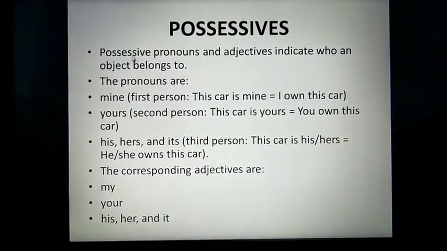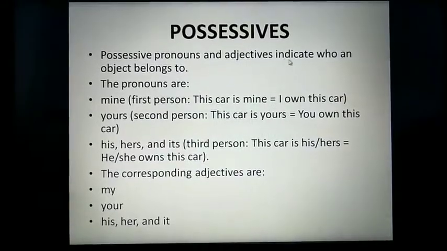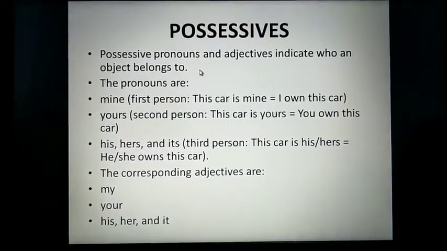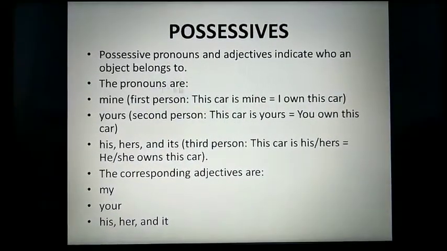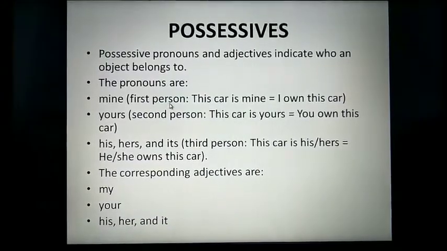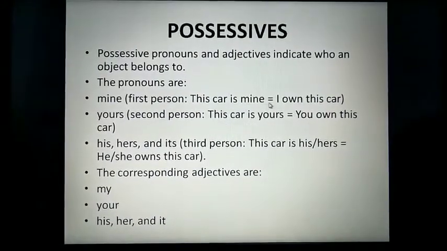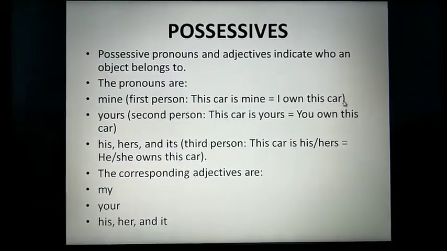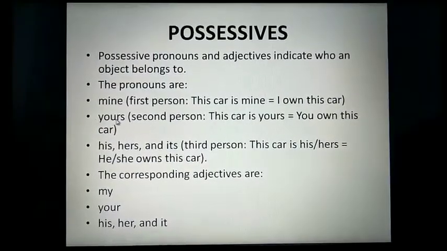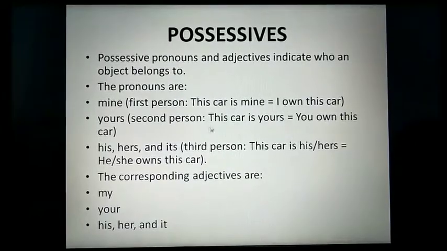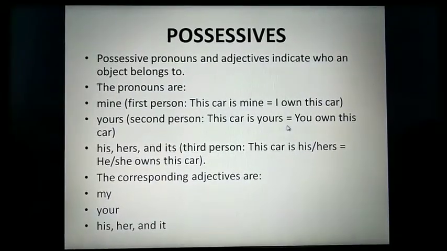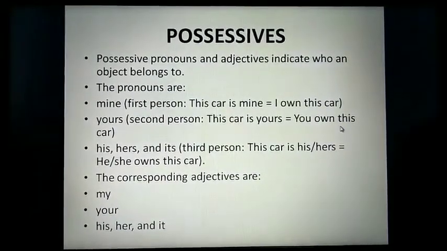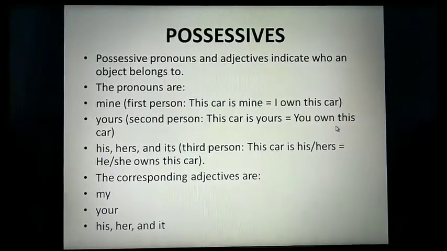Possessives. Possessive pronouns and adjectives indicate who an object belongs to. The pronouns are mine. This is in first person. This car is mine. That means this car is owned by me. I am the owner of this car. Yours. That is second person. This car is yours. That means here the speaker wants to say that this is not his car.